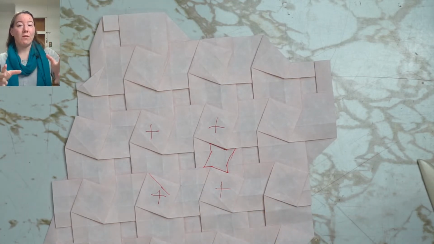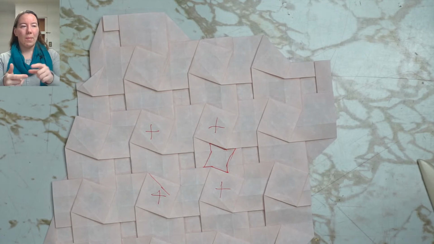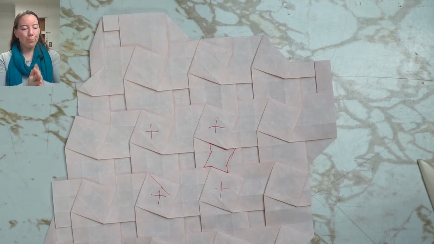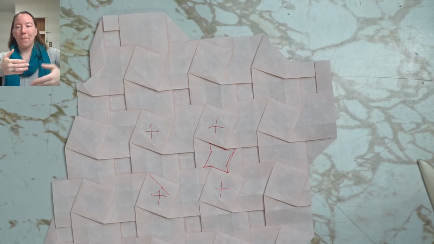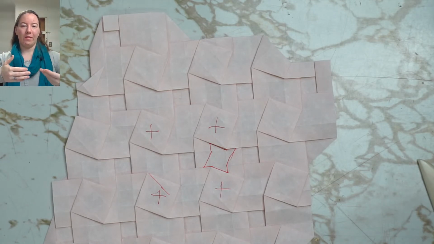You can just make the twist more and more open by outlining a bigger space in between your mountain fold extensions.